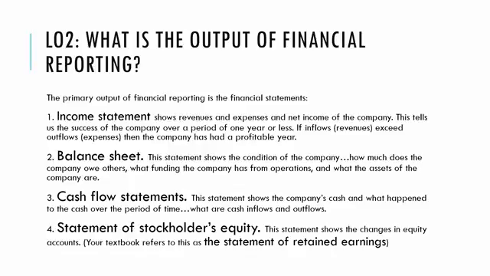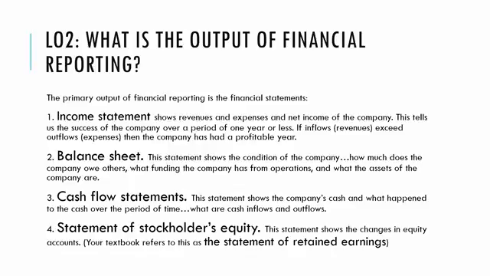The statement of stockholders' equity, which your textbook will be calling the statement of retained earnings, will show the change in the retained earnings account. And retained earnings we're going to define in a moment. So all of these 4 statements are done at least annually.